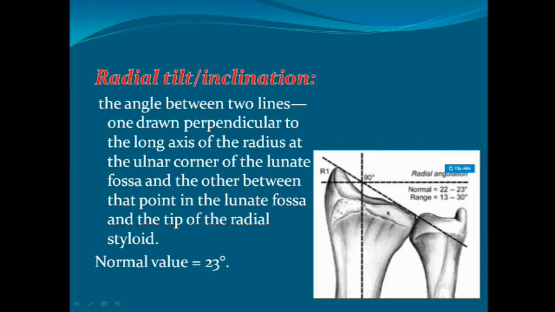So we are drawing a straight line joining these two points. The angle formed by this perpendicular and this line joining the two points, we call radial angulation. The distal part of the radius is angulated from the outer to the inner side. It is not a straight line. This is the angle of inclination. Normal value is 23 degrees.